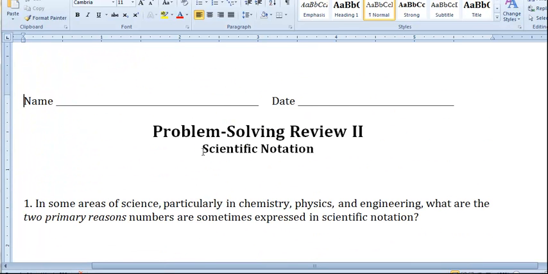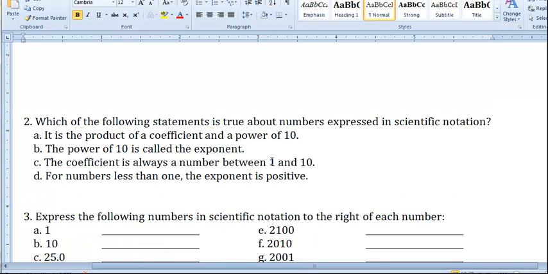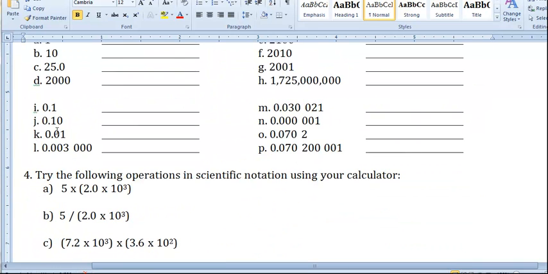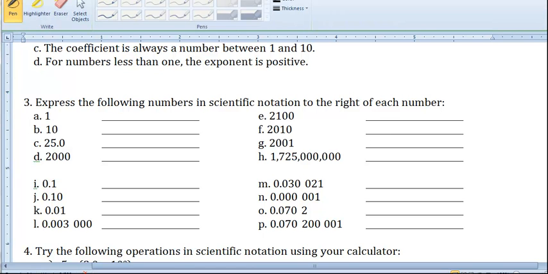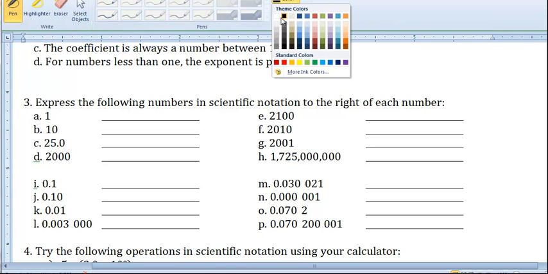This is on scientific notation, and I think I asked you guys to do C and then D, and I think we did those in class. So let's take a look at G. I think I did G in one class, but for the others, let me help you guys out. Let me get my pen going here.